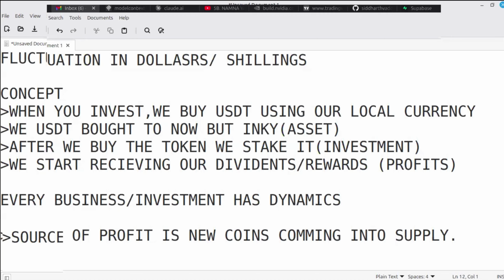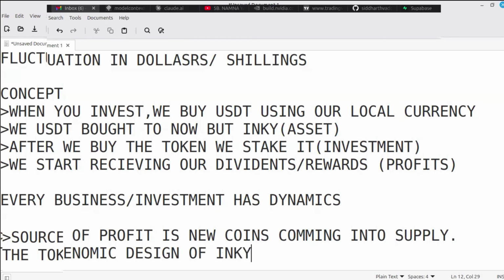Meaning that the tokenomic design of Inkryptus, of INK, is to supply new coins to stakers.